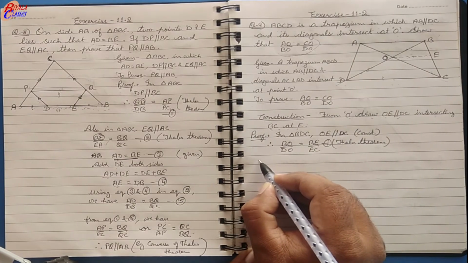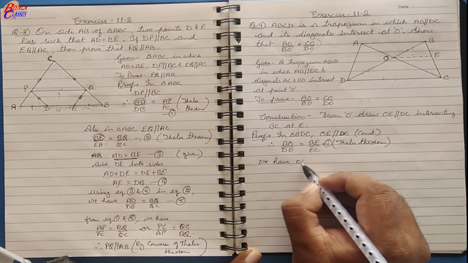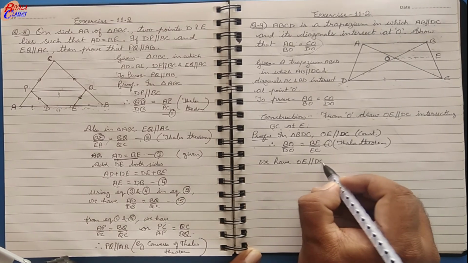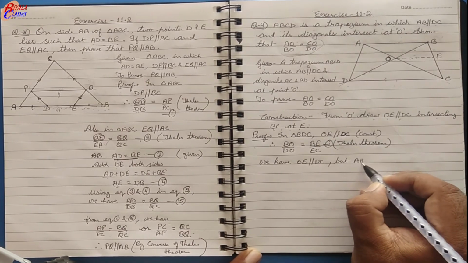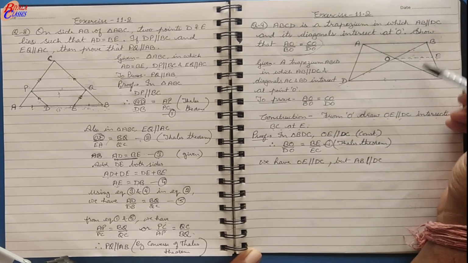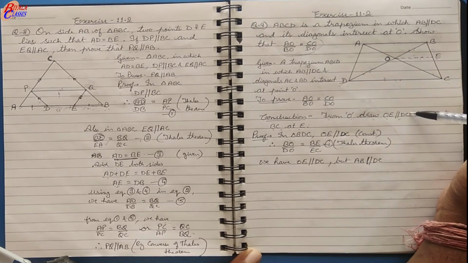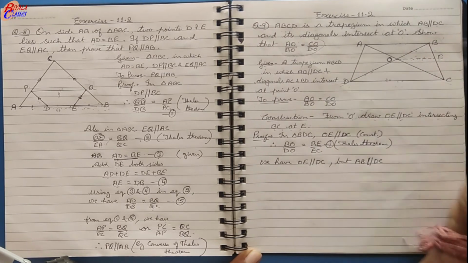Now we have that OE is parallel to DC, but AB is also parallel to DC. OE parallel to DC, this is by construction, and AB parallel to DC, this is already given to us.